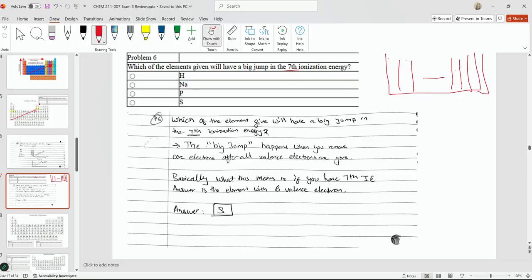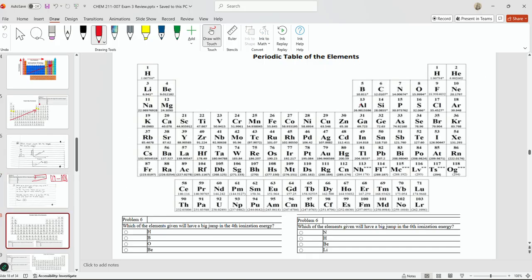So you count the valence electrons, 1, 2, 3, 4, 5, 6, 7, whatever, but you subtract 1. So here it says biggest ionization energy. If I take a look at the periodic table, the key word here is seventh, so 1, 2, 3, 4, 5, 6, 7. But you don't look at this group at all.